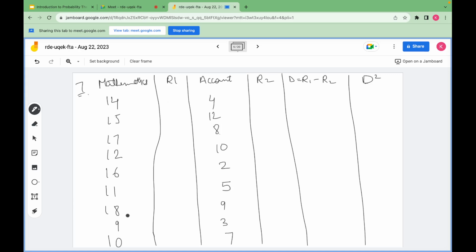The smallest value will be considered as rank 1. So for the mathematics column, this 9 is the smallest, so this will be ranked 1.